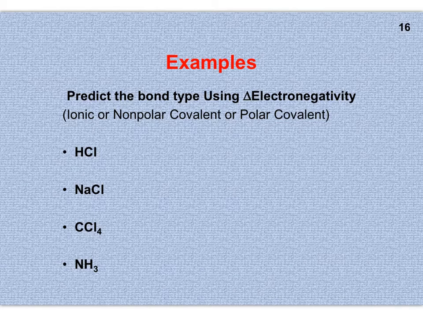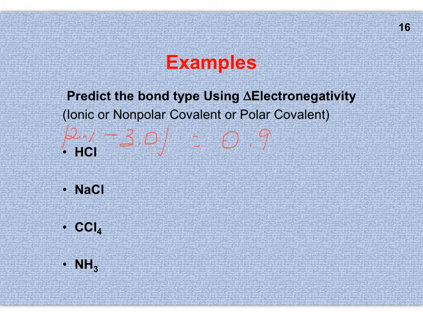So if you look in the electronegativity table, the electronegativity of hydrogen is 2.1, and the electronegativity of chlorine is 3. Now these electronegativity differences, we're not interested in positive or minus, so just take the absolute difference. So the absolute difference here is 0.9.